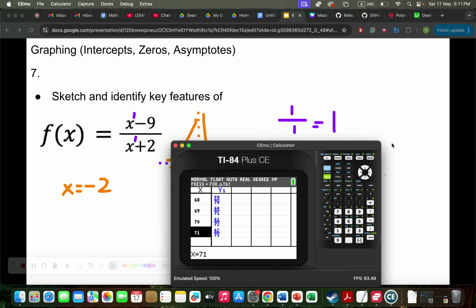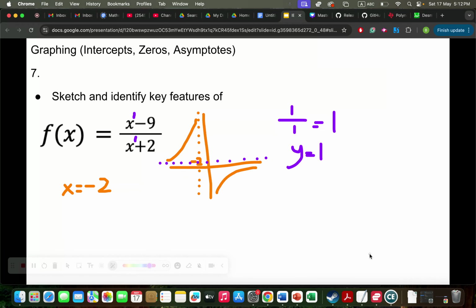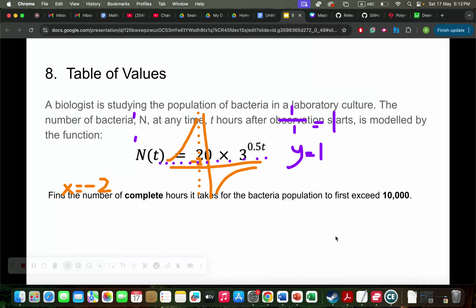In this case, it seems like the graph would never be able to touch y equal to 1, so that's why y equal to 1 would be the horizontal asymptote. Again, not a very clear-cut process. But generally, for the AI students, as long as you're able to sketch the graph and find the intercepts and the zeros, I think generally you'll be on the right track as well. Just have a rough understanding of how asymptotes basically work. All right, so let's move on to the next question.